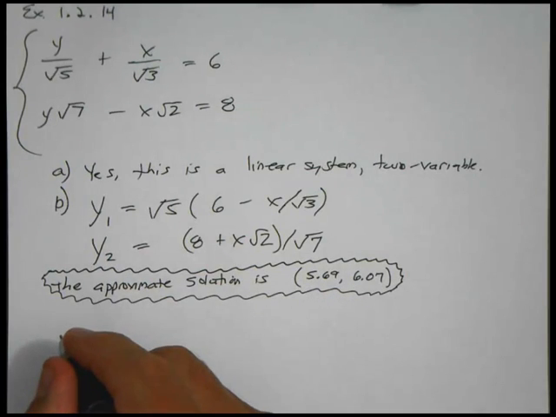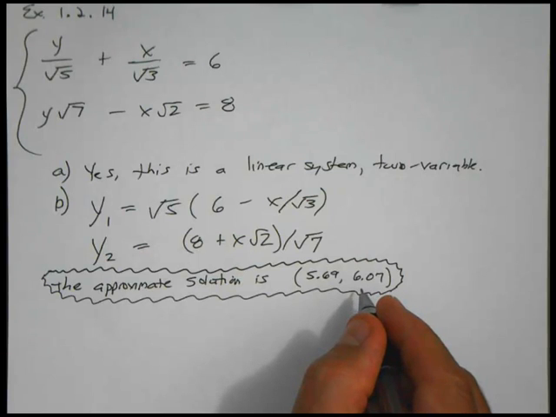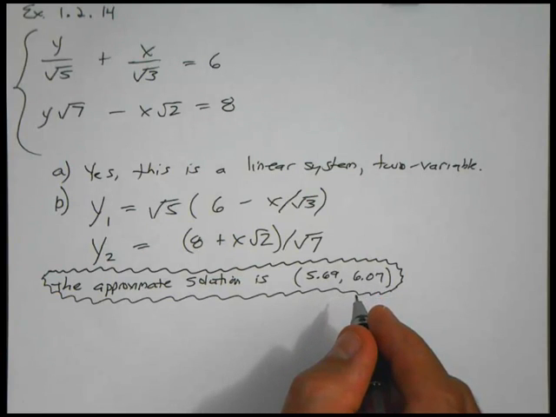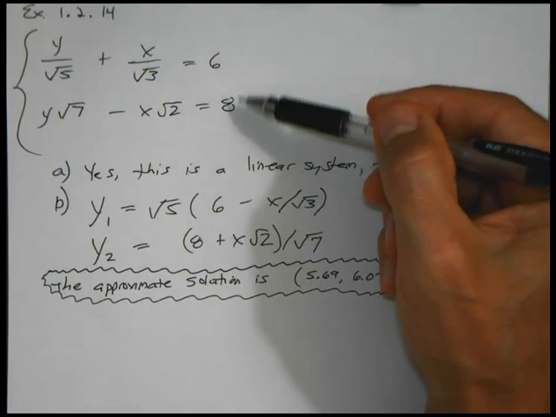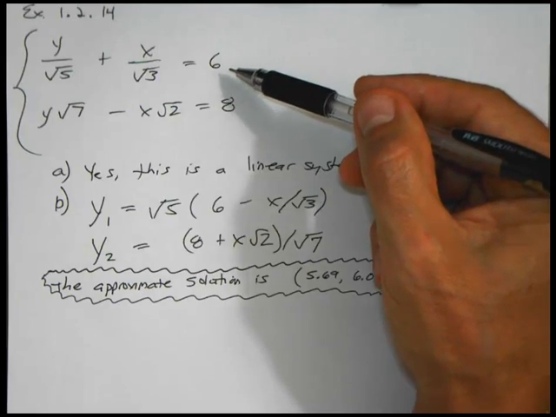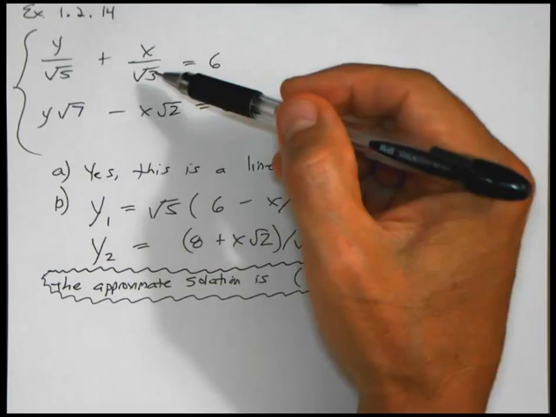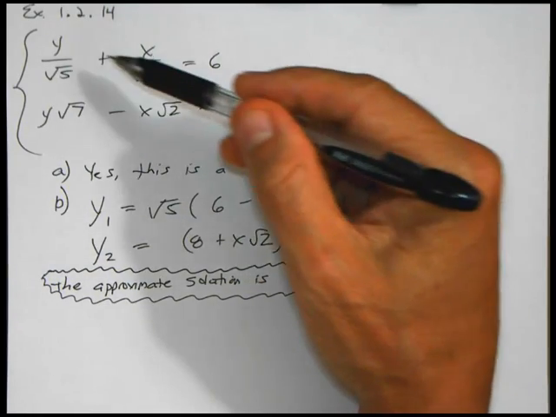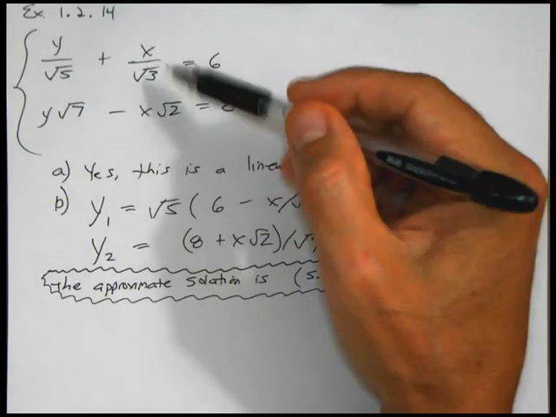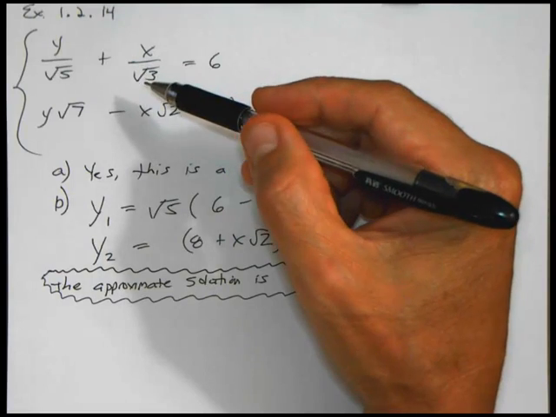Now we need to explain why we only have this approximate solution using the TI-84 Plus, not an exact solution. Looking back at the original system, we notice the coefficients involve square roots of 5, square root of 3, square root of 7, square root of 2. We have a lot of irrational numbers in this system as far as coefficients go.